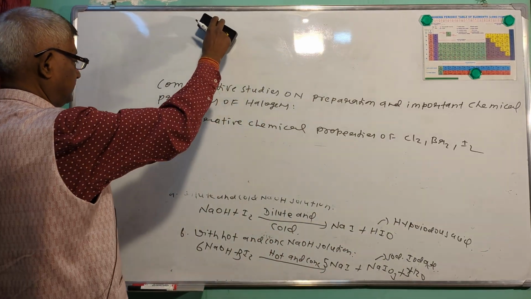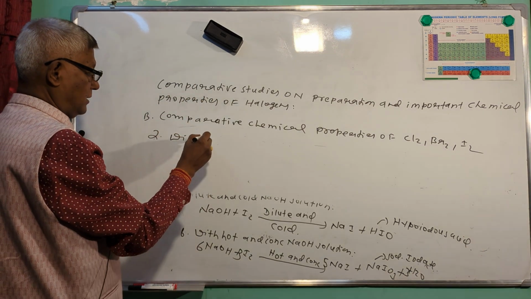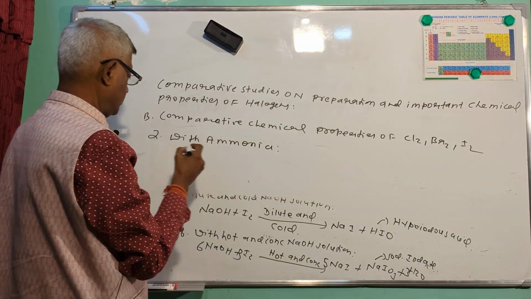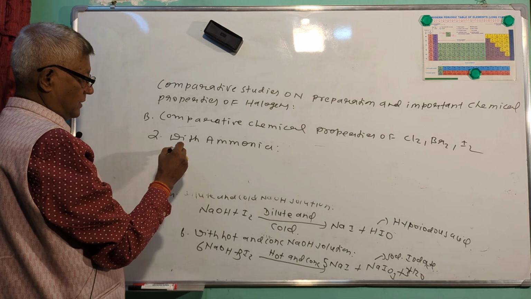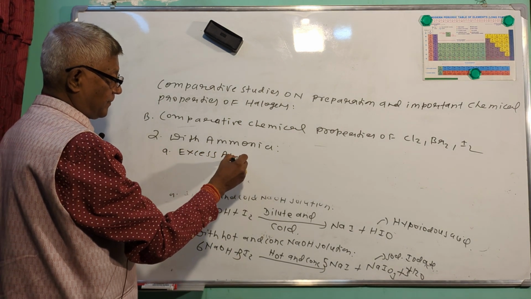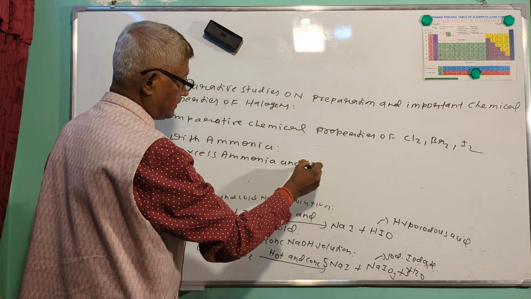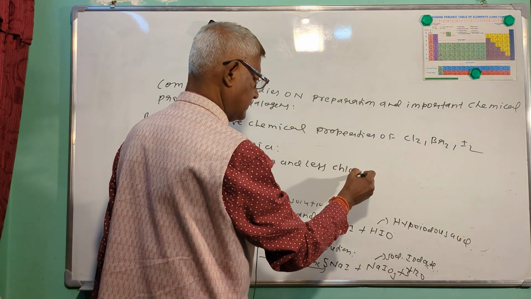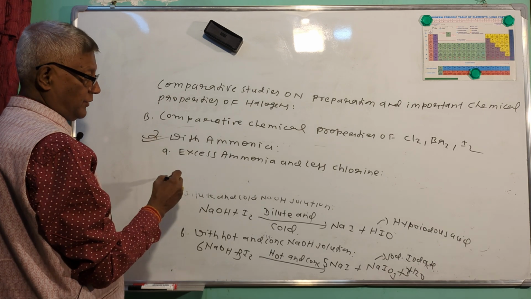Next one, second, is with ammonia. Two conditions over here. What do you say? Excess ammonia and less chlorine. So what do we have? Generally asked, very important.